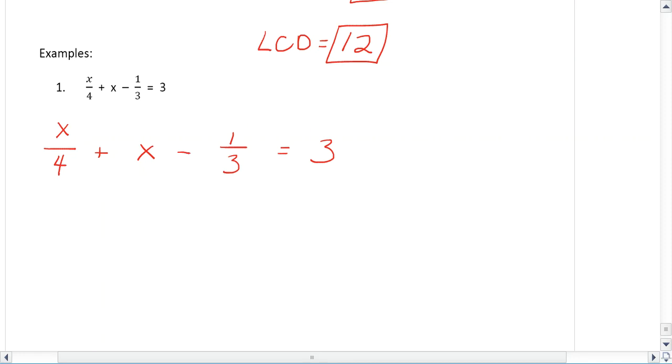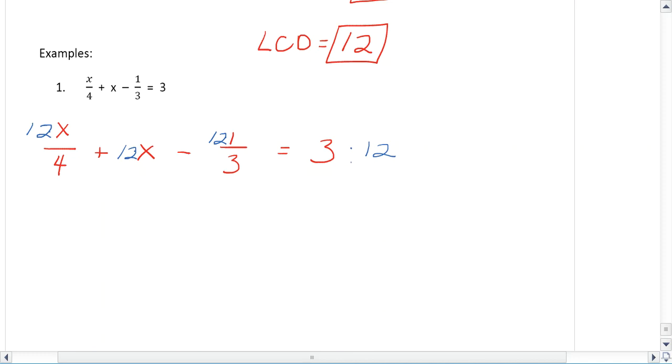So this, I just spread it out a little bit so I have some room. So this first term is going to be multiplied by 12. This x is going to be multiplied by 12. This 1/3 is multiplied by 12, and likewise on the other side of the equal sign, this 3 is also multiplied by 12.